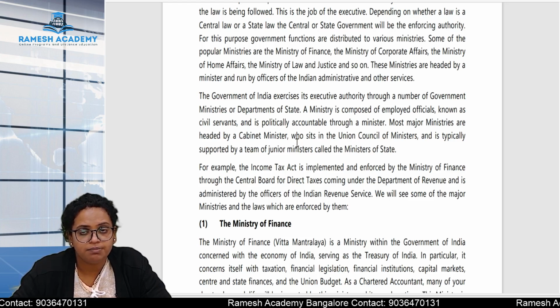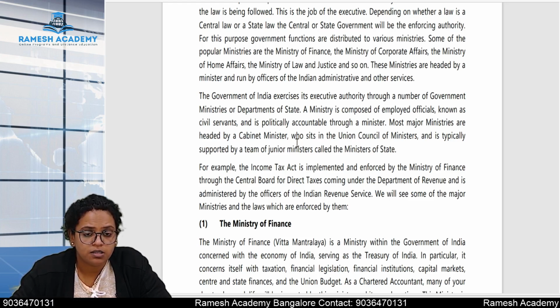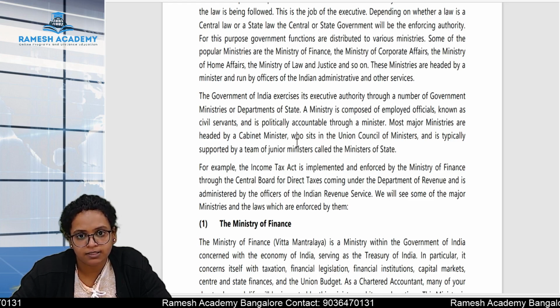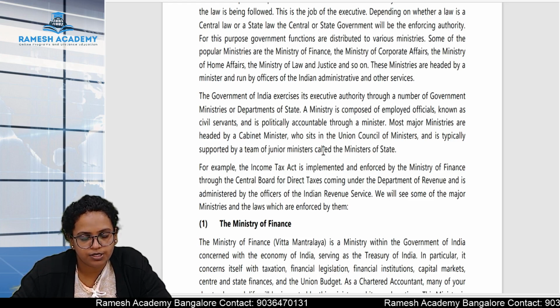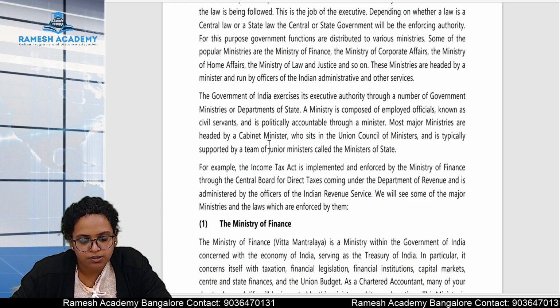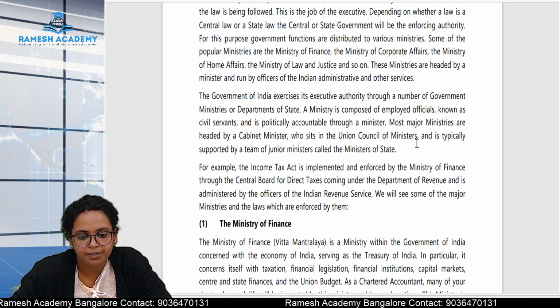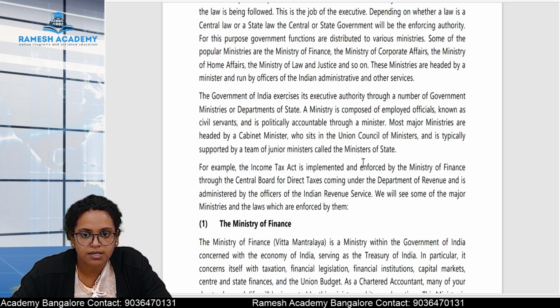Say for example, in the Ministry of Finance, Nirmala Sitharaman is the current minister. She heads the Ministry of Finance, sits in the Union Council of Ministers, and is supported by junior ministers, the Ministers of State.